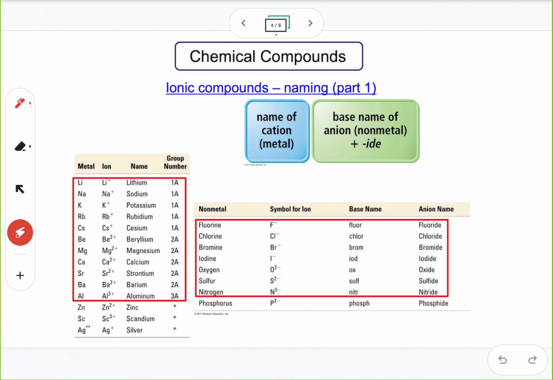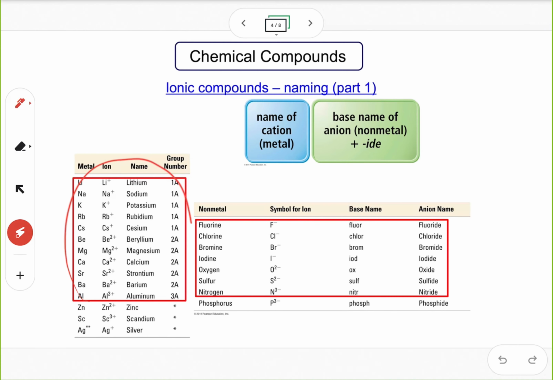Now let's take a look at this table. In the following slides, we'll see how we name ionic compounds. These tables are from your textbook, and we have some rules to follow when we name those ionic compounds. The first part is going to be about some simple ionic compounds.